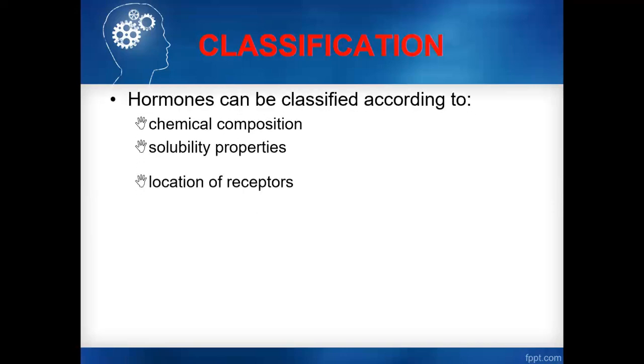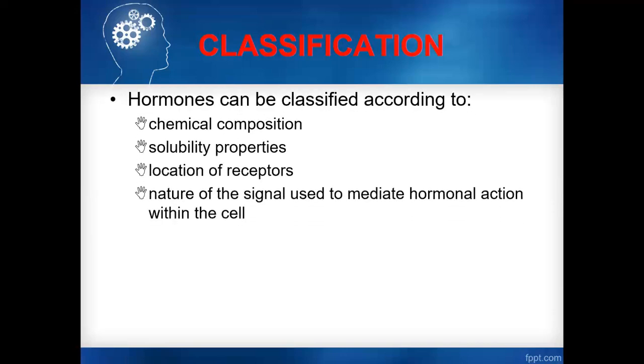So hormones can be classified according to their chemical composition, their solubility properties, the location of receptors, and the nature of the signal used to mediate hormonal action within the cell. So let's start first with the classification according to chemical composition.